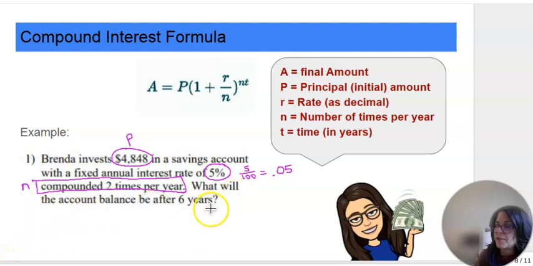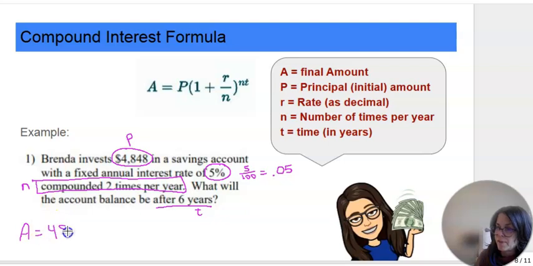Now it's asking us about the balance after 6 years. Let's write the equation first, and then we'll go ahead and replace the number of years, T, with the 6. All right, we don't know the final amount. That's what we're interested in.